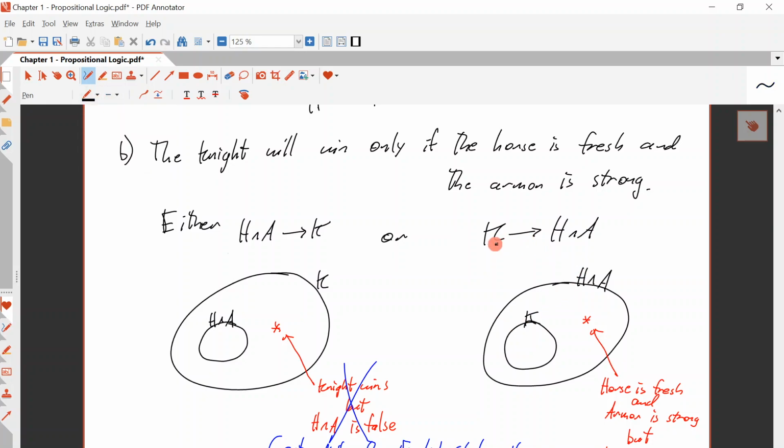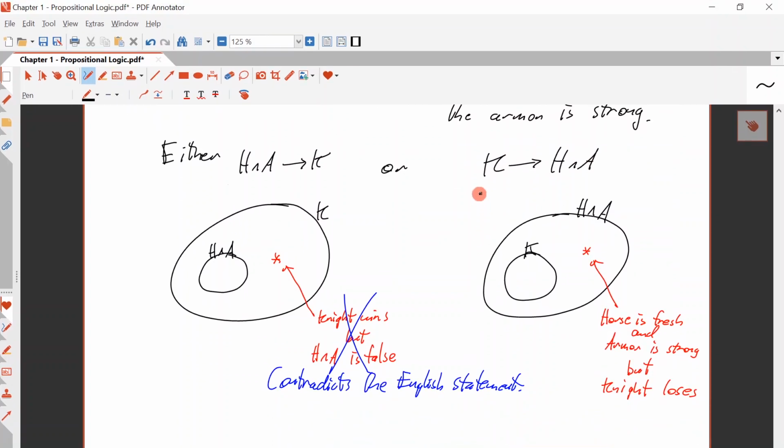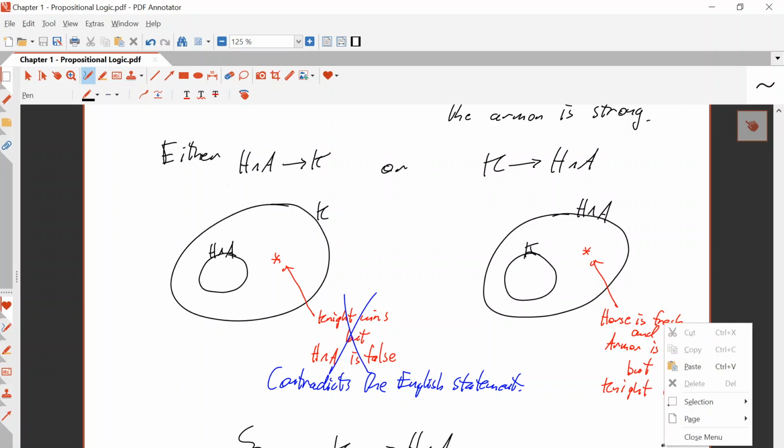So the correct translation is K implies H and A. Right? The knight will win only if the horse is fresh and the armor is strong. Right? So the knight winning is contained within instances of H and A. So only if the horse is fresh and the armor is strong will the knight win. Alright, that was B.